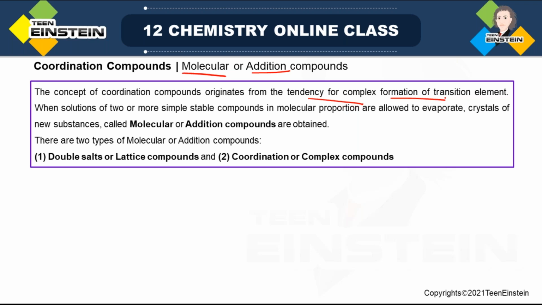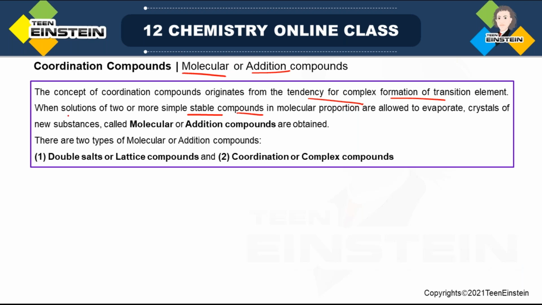Now the question is, when solutions of two or more simple stable compounds in molecular proportion are allowed to evaporate, then crystals of new substances are formed, and these newly formed substances are known as molecular compound or addition compound. So how are we getting it?